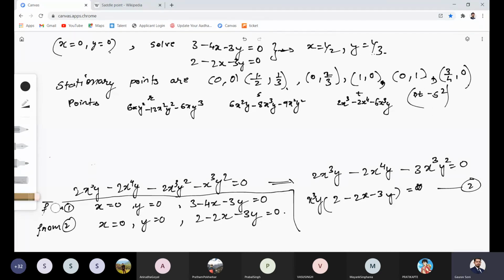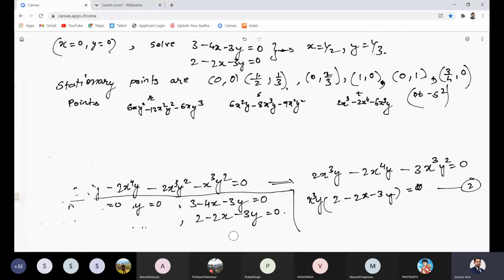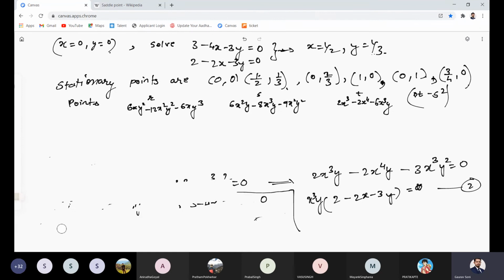So mention the points, find the values, declare maxima, minima, and also declare the maximum and minimum value. And see whether for all those points which we have got, they can become saddle or not.